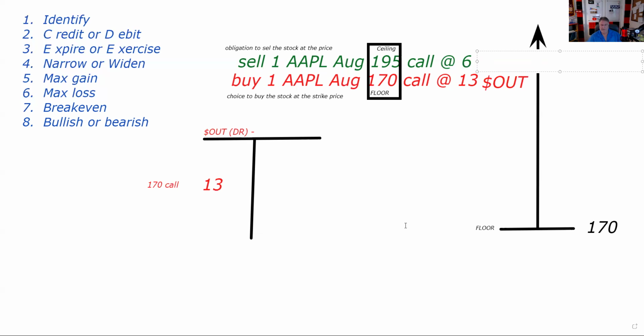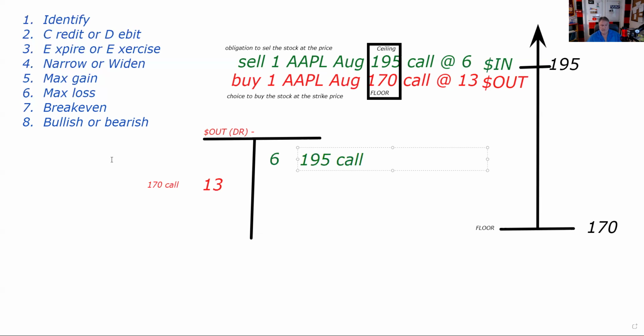All right, so what about that 6? Is that 6 money out or money in? Yeah, that's money in. And so that's how we're determining whether this is a debit or credit. And again, not testable.